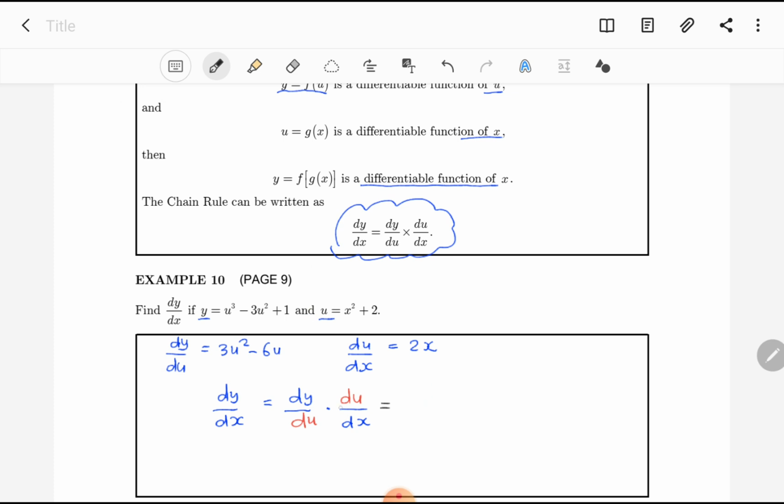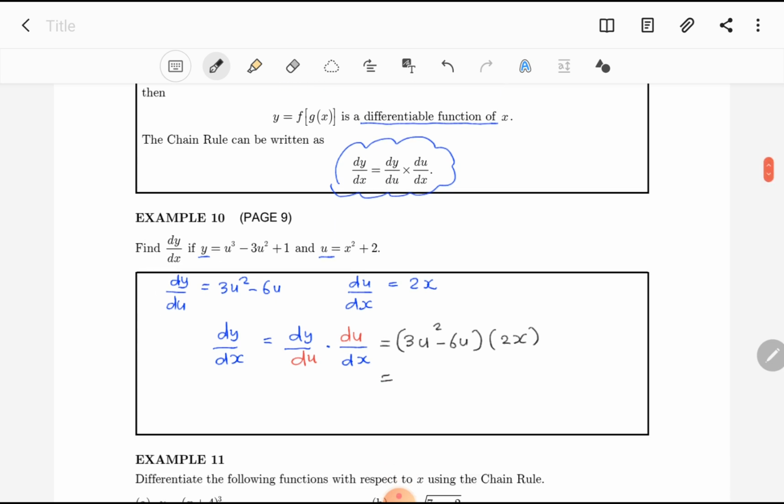So we get dy/du is 3u squared minus 6u, times du/dx is 2x. Next, we substitute u in terms of x. So we have 3 times (x squared plus 2) squared minus 6 times (x squared plus 2), and then times 2x.